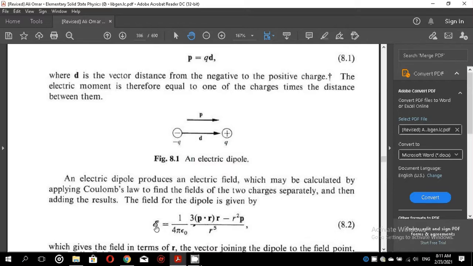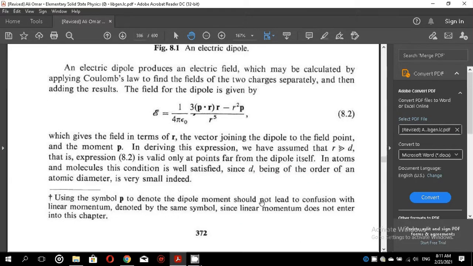The electric field is given by 1 over 4 pi epsilon naught, times [3(p dot r) r minus r squared p] over r to the fifth, which gives the field in terms of r, the vector joining the dipole to the field point, and the moment p.